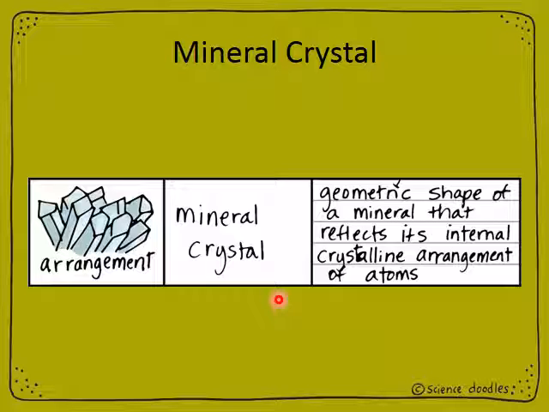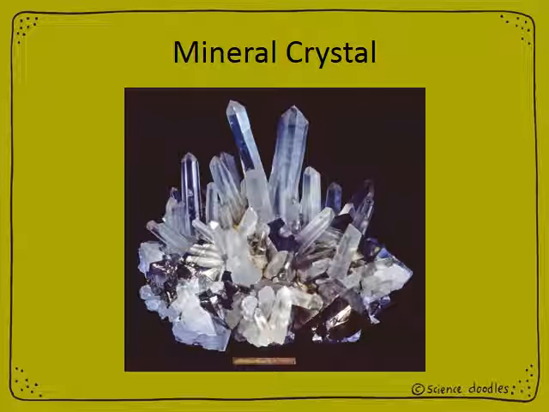Or if the mineral is diamond shaped, then the atoms probably have a diamond shaped structure. So usually the shape of the mineral reflects the arrangement of the atoms. And again, you can look at these different minerals in here and see how they're all in different shapes.